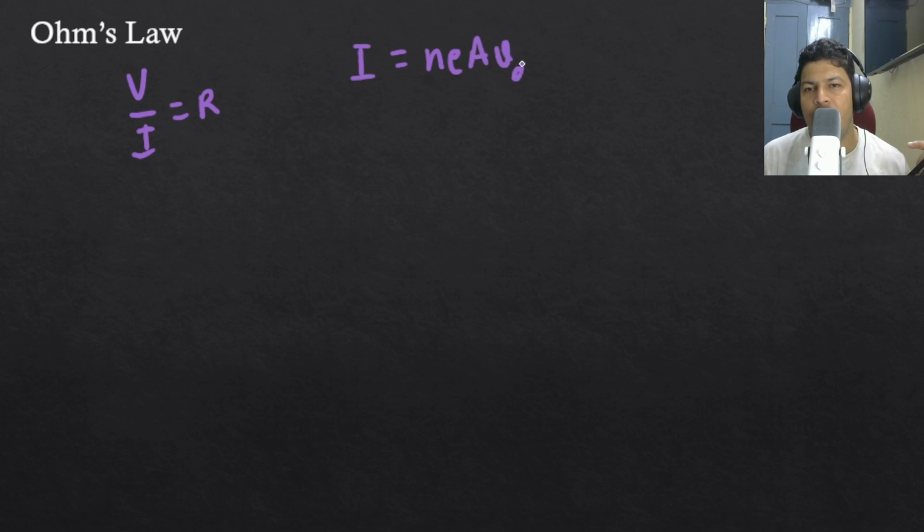I = NEAV_d, already done, the relation between current and drift velocity. And the second is V_d equal to E over m into tau. You can put a minus, but we are writing in magnitude, so we'll write directly. So this is how we have two equations.